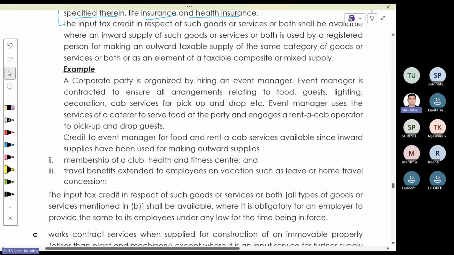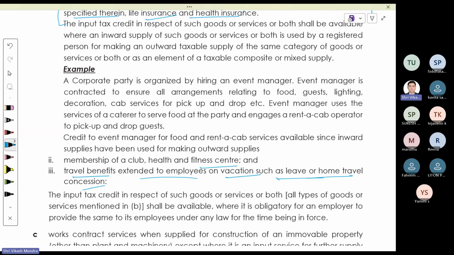Membership of a club, health and fitness center, ITC is not available. Travel benefits extended to employees on vacation, such as leave or home travel concession, ITC is not available. However, if as per legal requirement your employer is supposed to provide these services to his employees, then ITC is available.